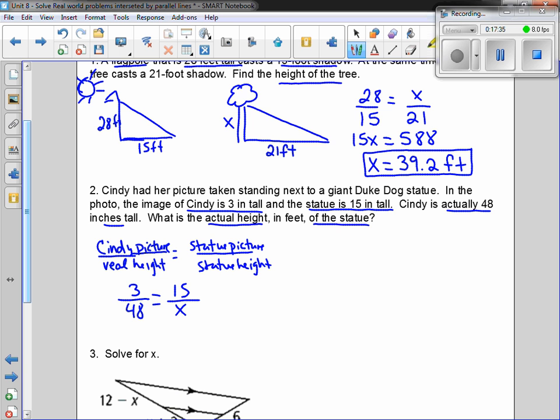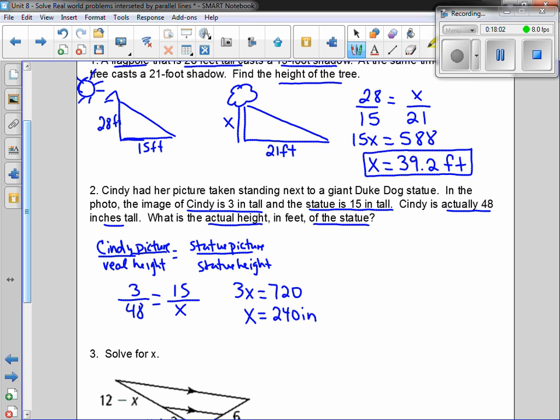of the actual statue. So we're going to cross multiply: 3x is equal to 720. Divide by 3, and we find out that x is equal to 240 inches. So this is in inches for the height of the statue, but it's actually asking me for the statue in feet.